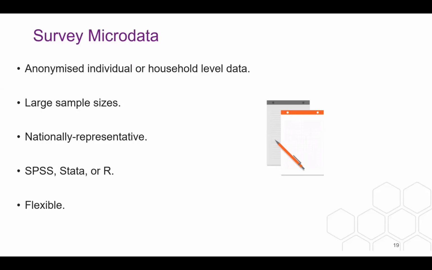These surveys are mostly nationally representative at a UK level, or the countries within the UK, depending on the particular survey. They also tend to have a large sample size. For example, the Labour Force Survey interviews 60,000 people every quarter.